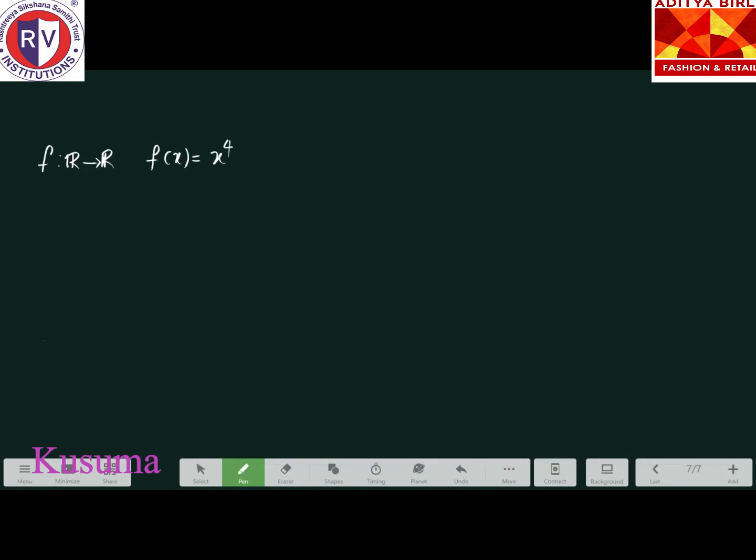Option B is f is neither 1-1 nor onto. Option C is f is 1-1 and onto. Option D is f may be 1-1 and onto. The function is from the set of real numbers to the set of real numbers, and f of x is given to be x to the power of 4.